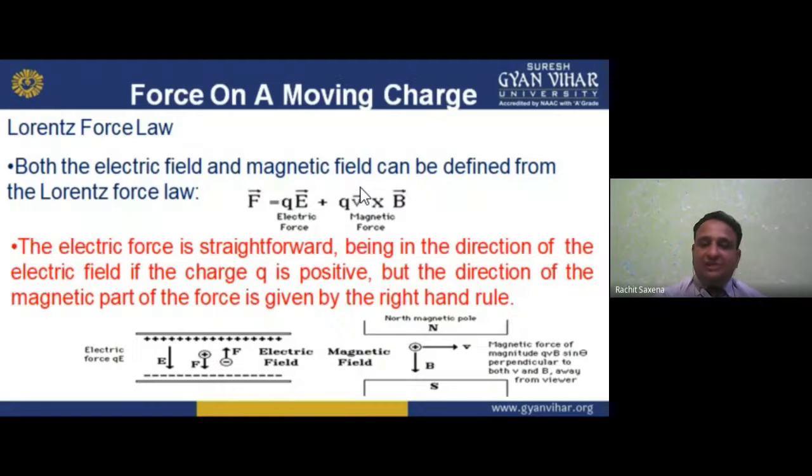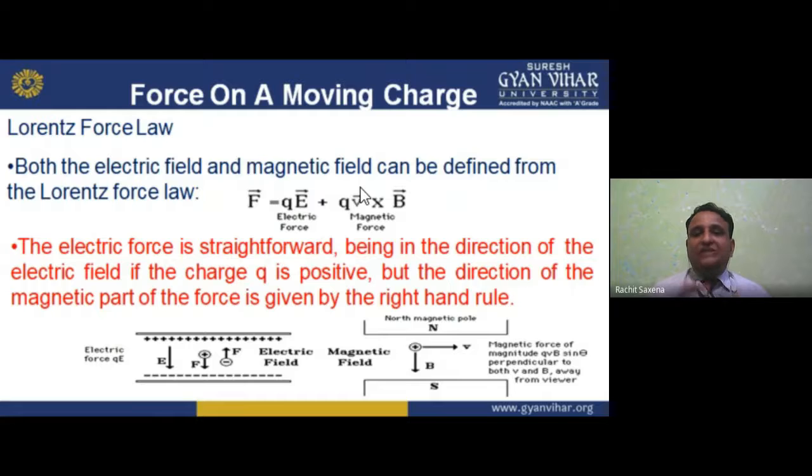Here we understand the same thing. F is equal to the addition of two things, electrical force and magnetic force. The electrical force is QE, which is a vector. The magnetic force is QVB, as I told you earlier, the Lorentz force.